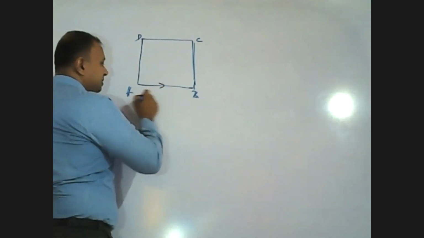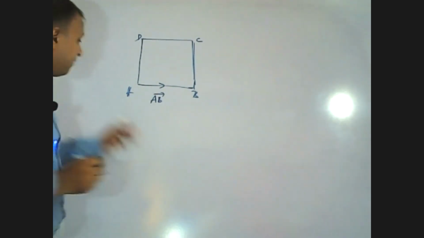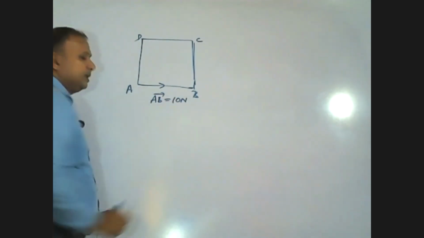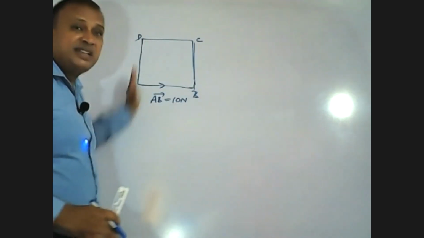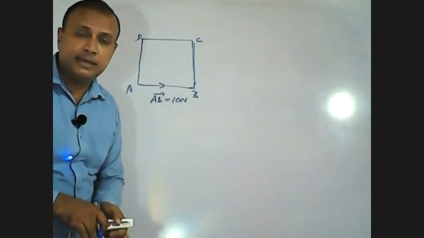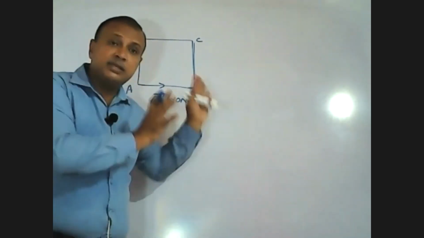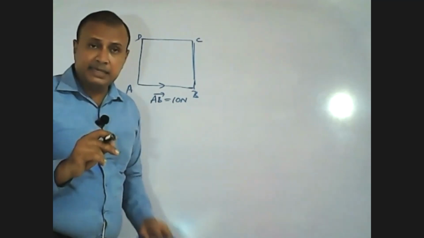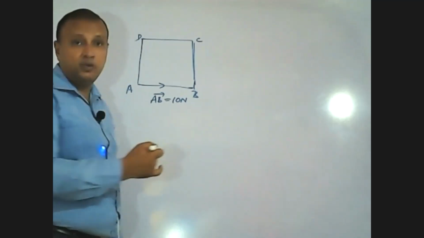Then we are given the value of the AB vector. Suppose the magnitude of the AB vector is equal to 10 Newton. If we are given a vector system and the magnitude of one vector, and we are asked to find some certain vector in that system, we have to use our geometrical knowledge to find this value.